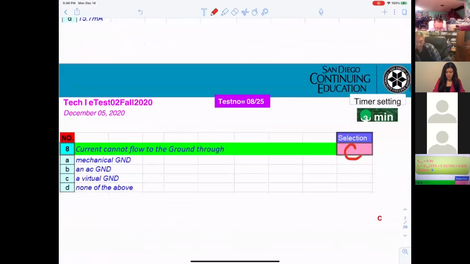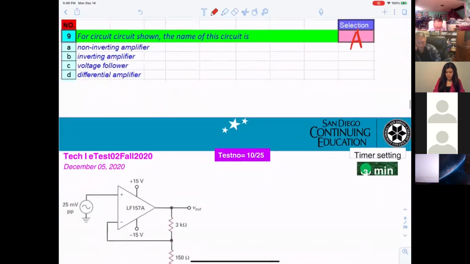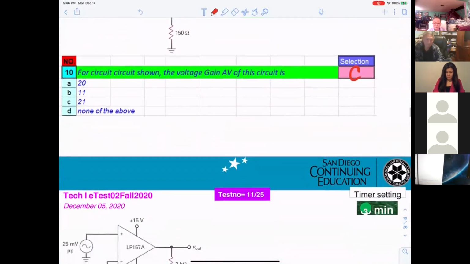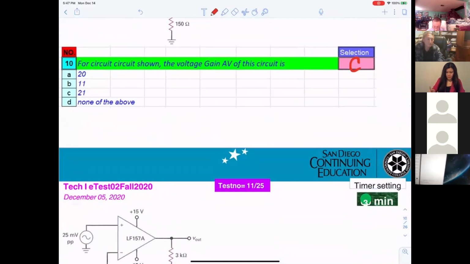Any question about this test? Okay, if you don't have any question on test number 2, then now I will go to what I will be asking you on the test tomorrow.